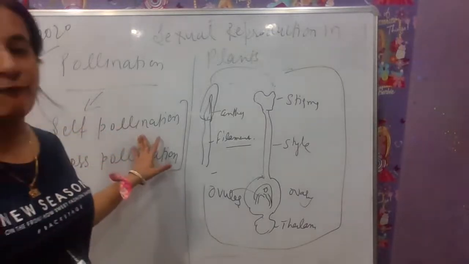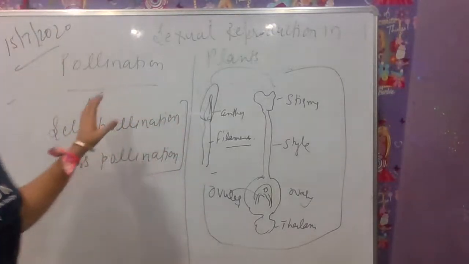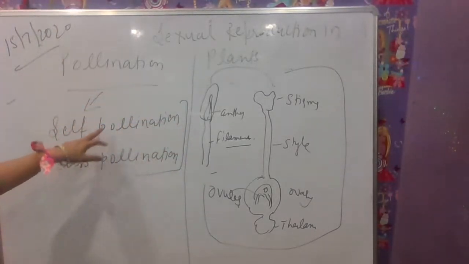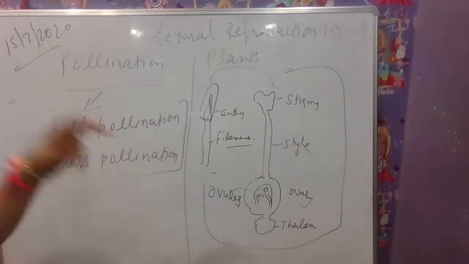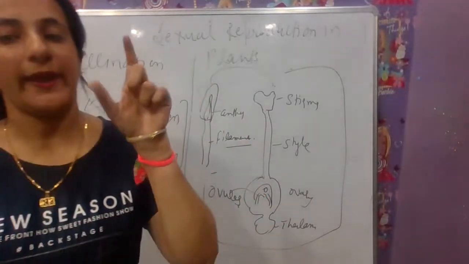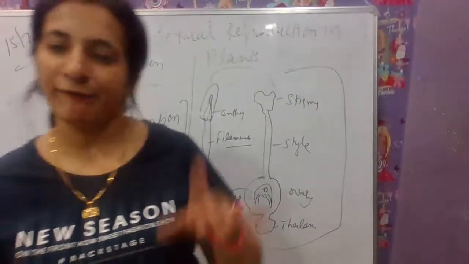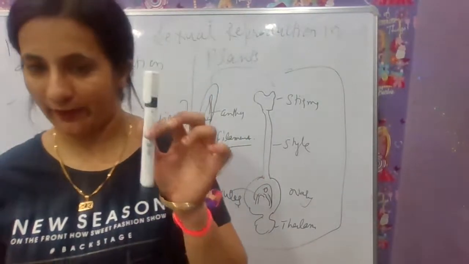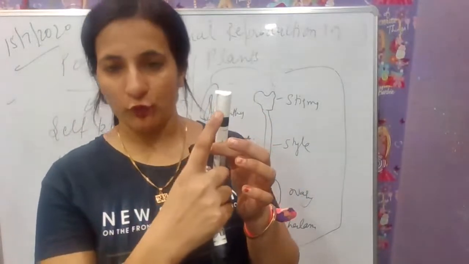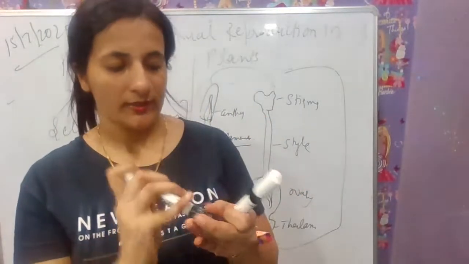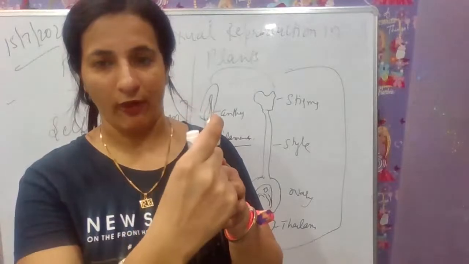Self-pollination is the transfer of pollen grain from the anther of a stamen to the stigma of a carpel of the same flower, or of another flower of the same plant. Let's suppose this is one plant. It consists of two flowers. This is one flower. This is the second flower.